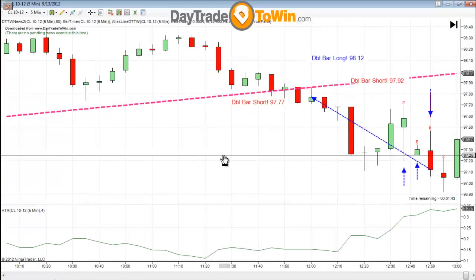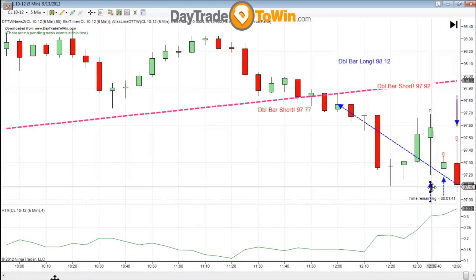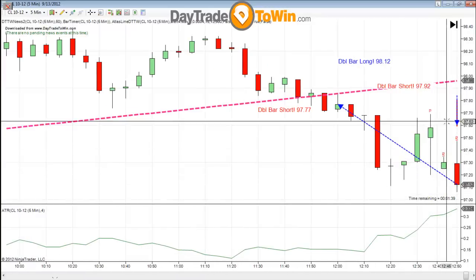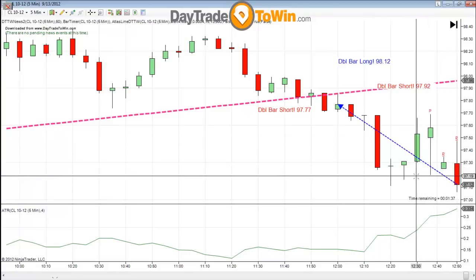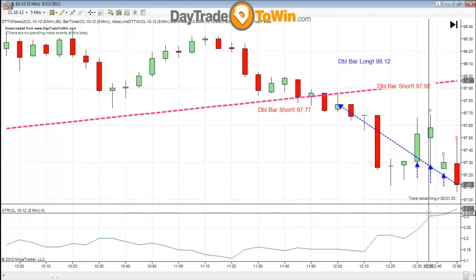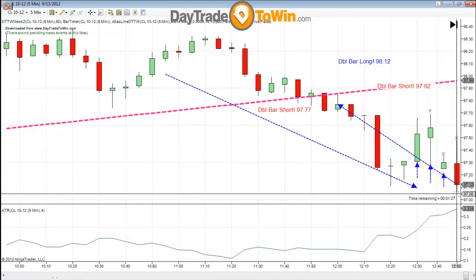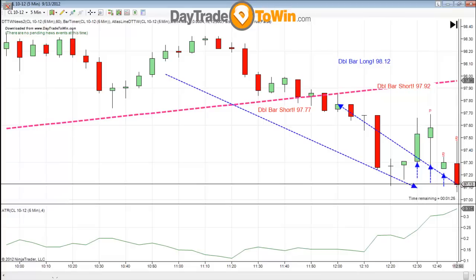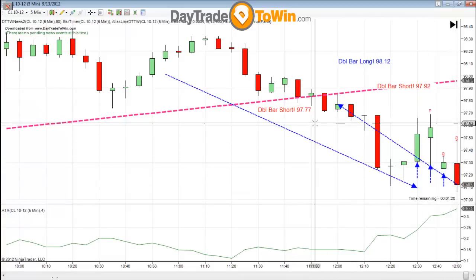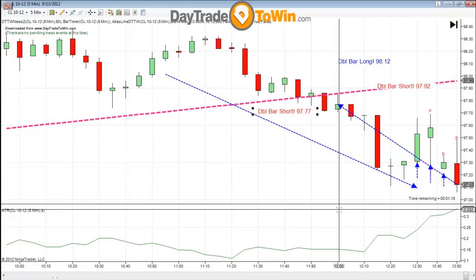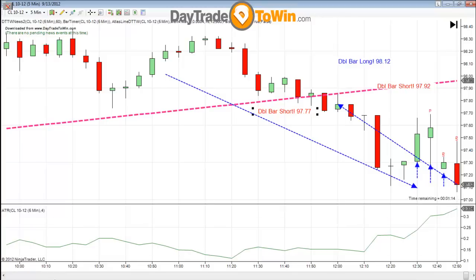So if the only information I have is price telling me we've identified a pullback by these two or three consecutive green bars, and then the first red bar shows me we're ready to get back down, I want to make sure this entry is lower than a previous pullback entry or the original double bar short, which happened right here, to go short. Alan, you good with that? Anyone have any questions on that?